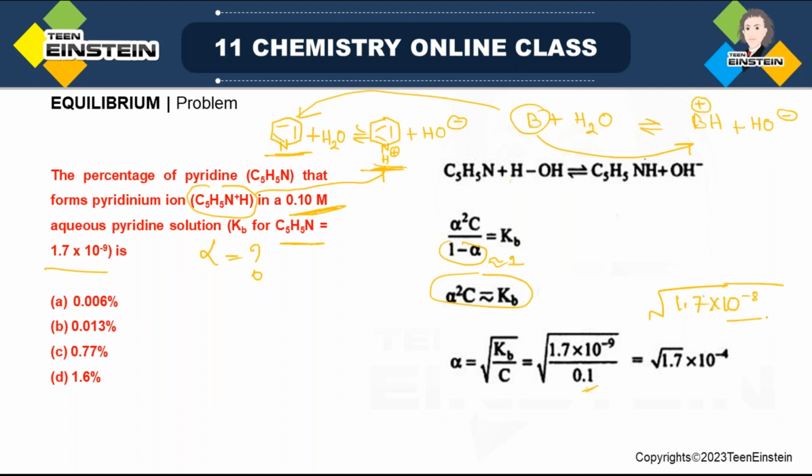Do the calculation individually. From this you will get 10 to the power minus 4 and root over 1.7. So ultimately you will get the value 0.013. That is in terms of percentage. First you will get it as 1.3, but as it is in terms of percentage, you have to divide it by 100, and then only you will get it in terms of 0.01, like this. This is the correct answer.